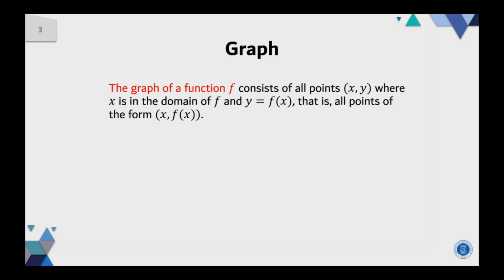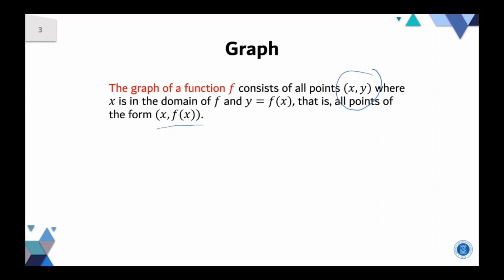So what is a graph of a function? A graph of a function is just a collection of points, where the points will be in terms of (x, y), where x is in the domain and y is in the range of the function. Okay, so here we have the point in the form of (x, y) or (x, f(x)), and we collect all these points and we will get the graph of a function.